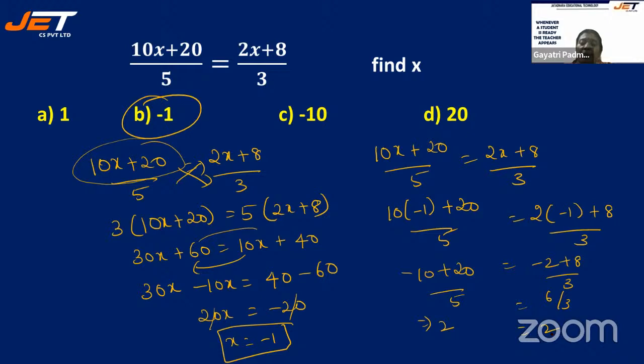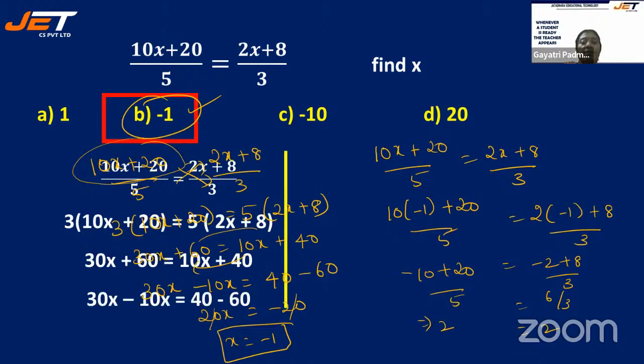So therefore, your left hand side and your right hand side are coming equal. Therefore, the value of x is minus 1. So if you had opted for B as minus 1, your answer is perfect. All right, students. So I'm sure you would have understood how to solve this kind of problems.